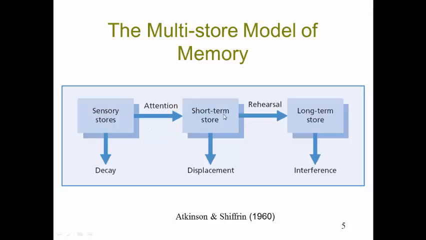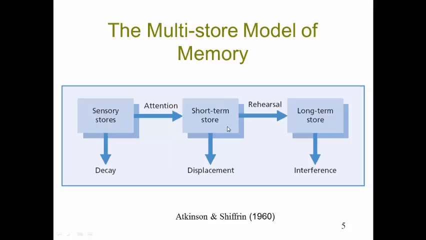The short-term memory store retains information for a brief period of time as well, but much longer than the sensory store, 20 seconds in the multi-store model of memory. And if information is rehearsed sufficiently within the short-term store, it may be transferred into the long-term system.